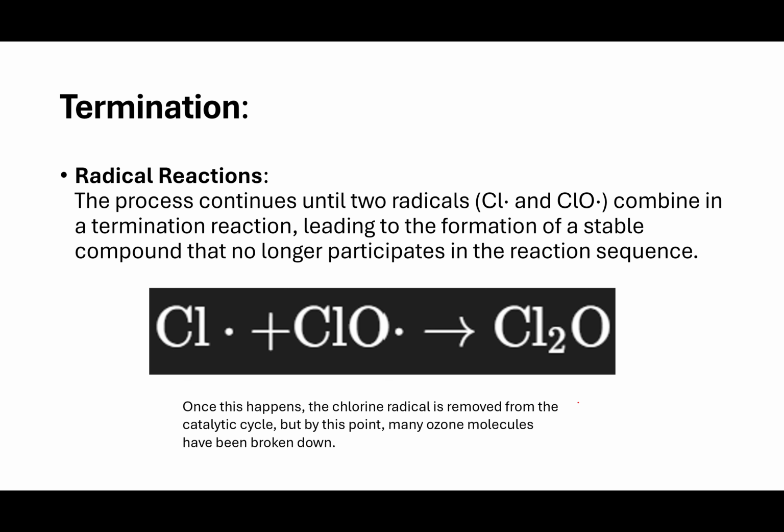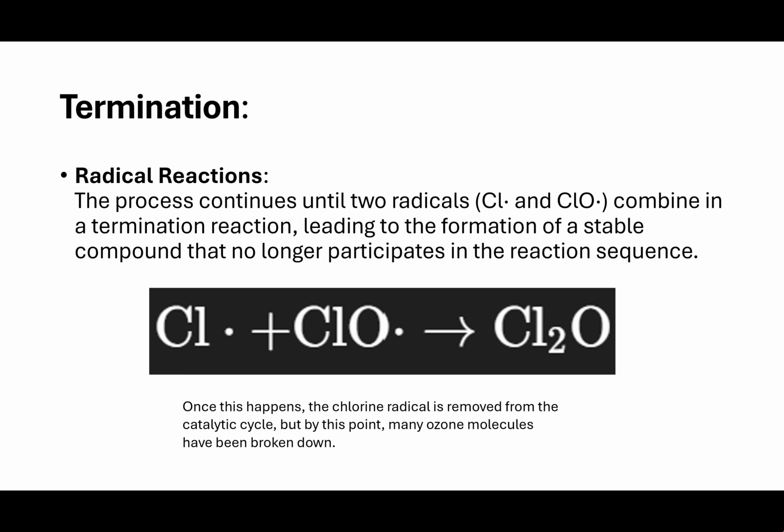Moving on to termination. Radical reactions terminate here. This process continues until two radicals, which is the chlorine and the chlorine monoxide radical, remain. These will now combine in a termination reaction, leading to the formation of a stable compound that no longer participates in the reaction sequence. This is now a dichlorine oxide.